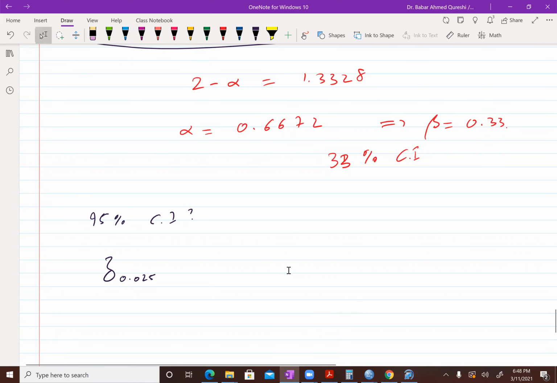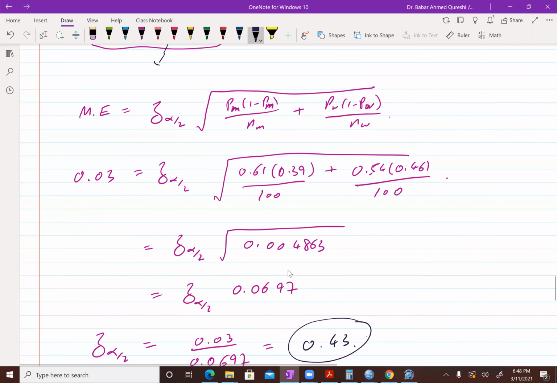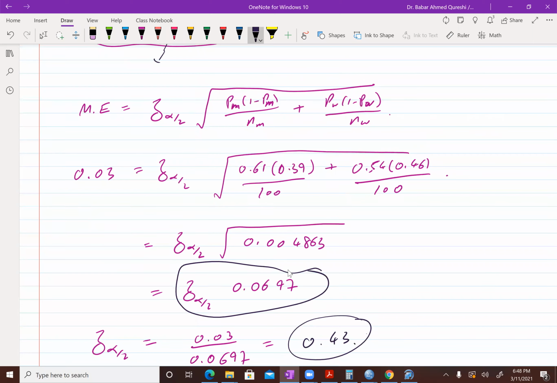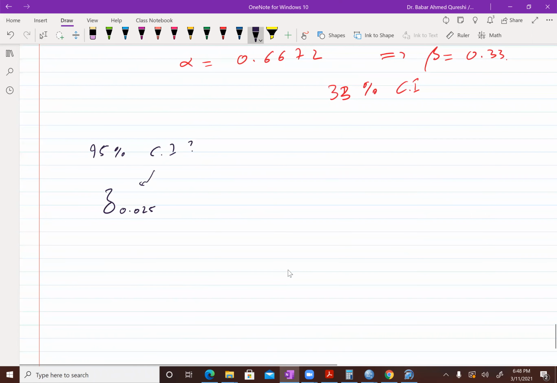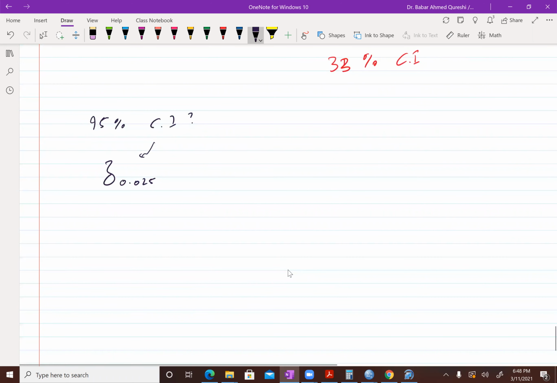Going back to your formula for margin of error, this is the critical value you use over here. And multiply it with this number you had computed, and that will give you a new margin of error. So this number I already know.